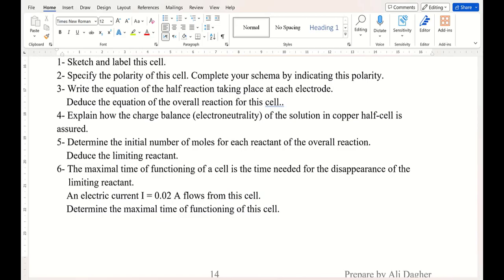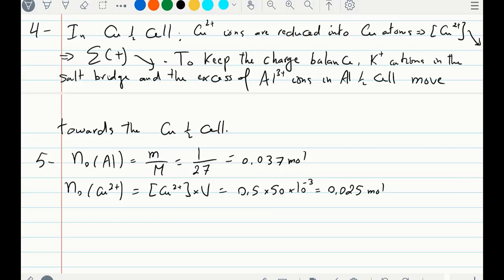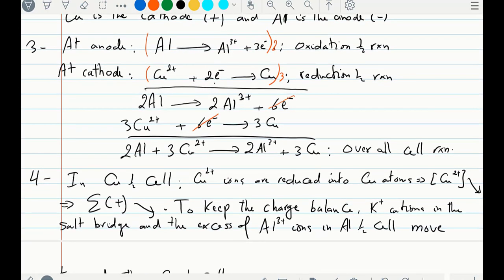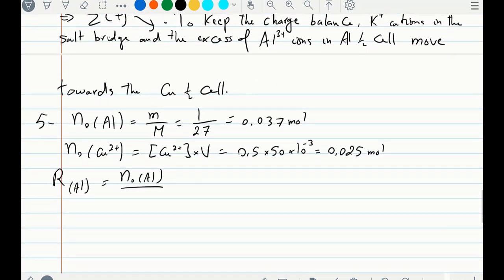Deduce the limiting reactant. We calculate the ratio for each reactant. Ratio of Al equals n0 of Al over the stoichiometry of the reaction. The stoichiometry of Al is 2, while for Cu2+ is 3. Then 0.037 over 2 equals 0.0185.